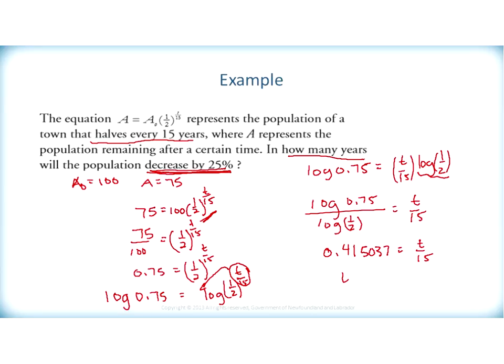So t will equal 0.415037 times 15. T will equal 6.22. So how many years? Over 6 years, about 7 years, is when the population will be decreased by 25%.